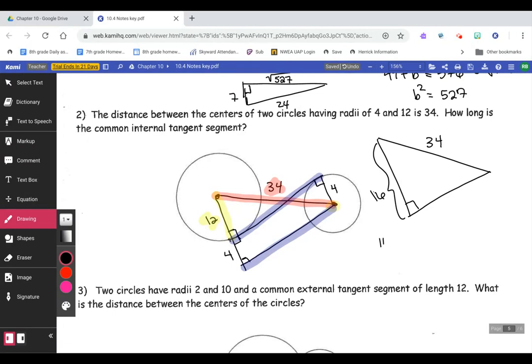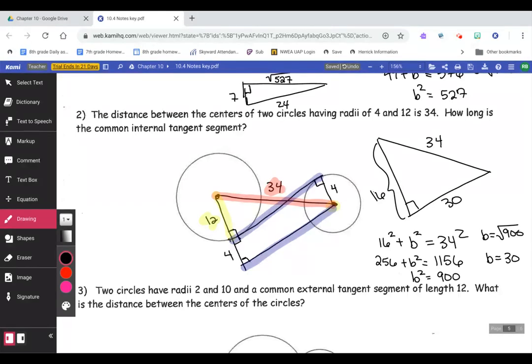We have 16 squared plus our missing leg squared equals 34 squared. So 16 squared is going to be 256 plus b squared equals 34 squared, which is 1,156. We subtract 256 from both sides and you get b squared is equal to 900, which is a nice one. b is equal to the square root of 900, which gives you a leg of 30.